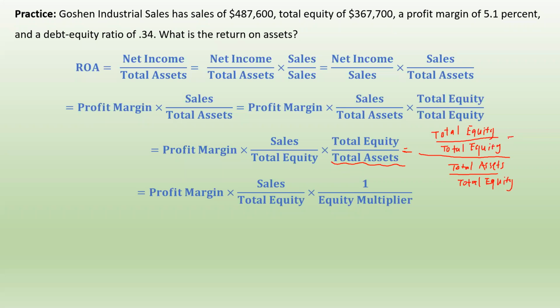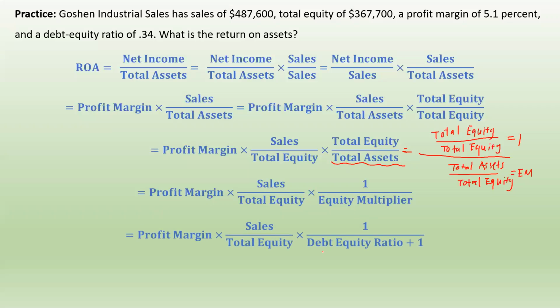So total equity divided by itself equals 1. Total assets divided by total equity is the equity multiplier. So this formula simplifies to profit margin times sales divided by total equity times 1 divided by the equity multiplier. Remember, equity multiplier equals debt equity ratio plus 1. At this point, all those numbers are known. Profit margin is 5.1%. We have sales, we have total equity, and we have the debt equity ratio. Then we find that the return on assets is 5.05%.